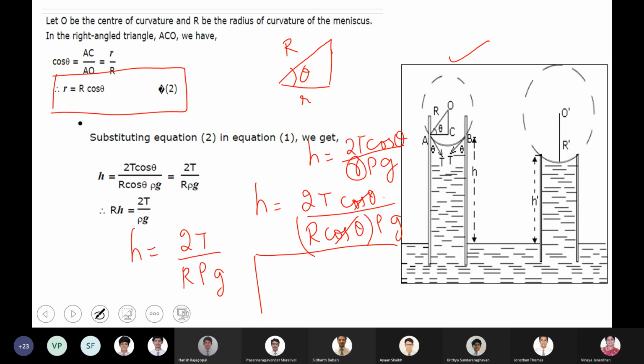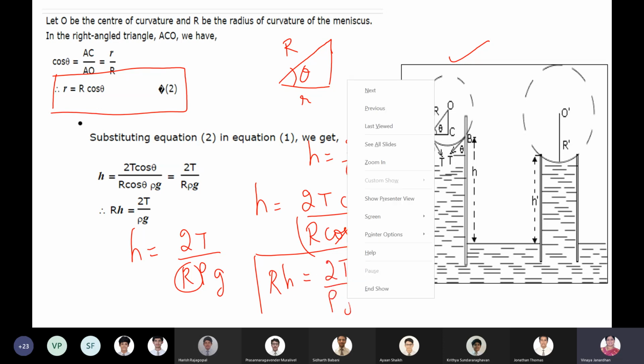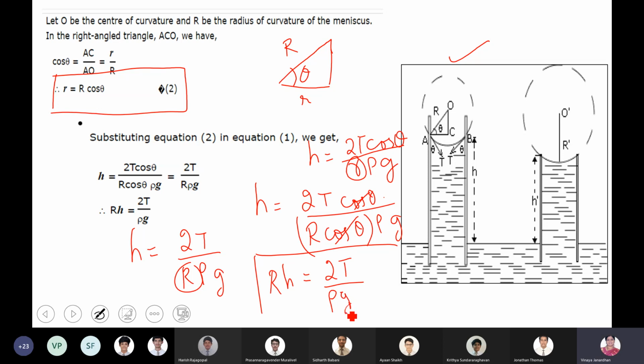Right, boys? So now what they have done is that they have taken R to the other side. So R into H becomes equal to 2T divided by rho into G. Are you clear how we are arriving at this expression?